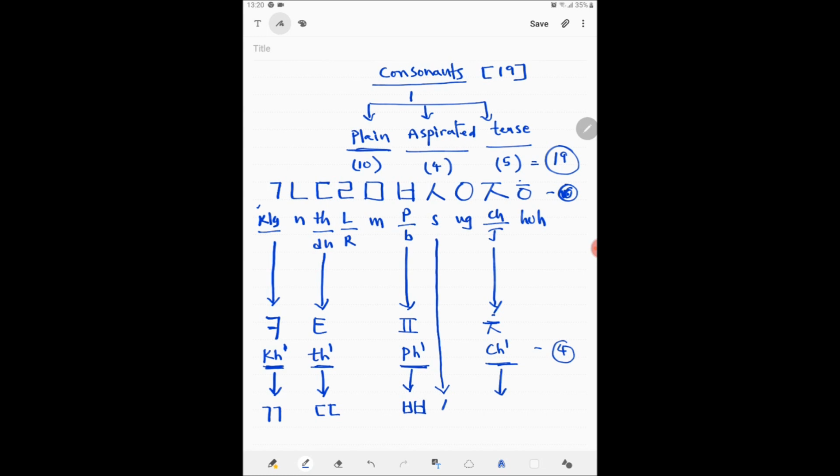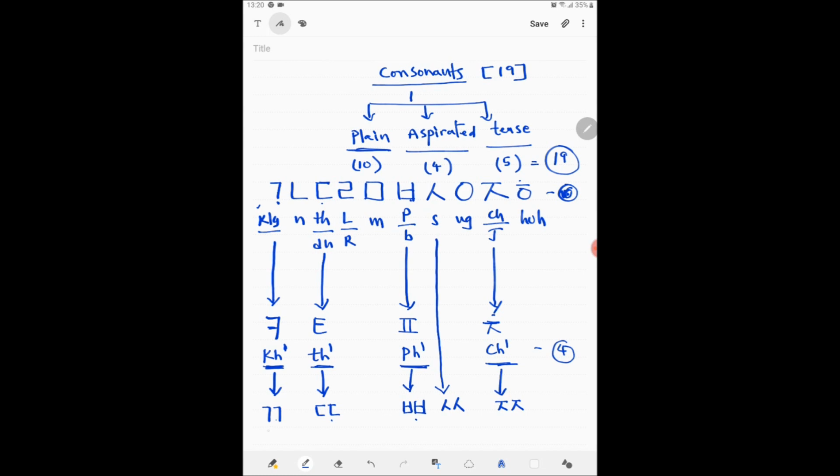Usually the tense consonants are double, two times the plain consonant. See here, it is written two times the plain consonant, which means that with tense consonants you have to sustain the sound for a little bit of time.